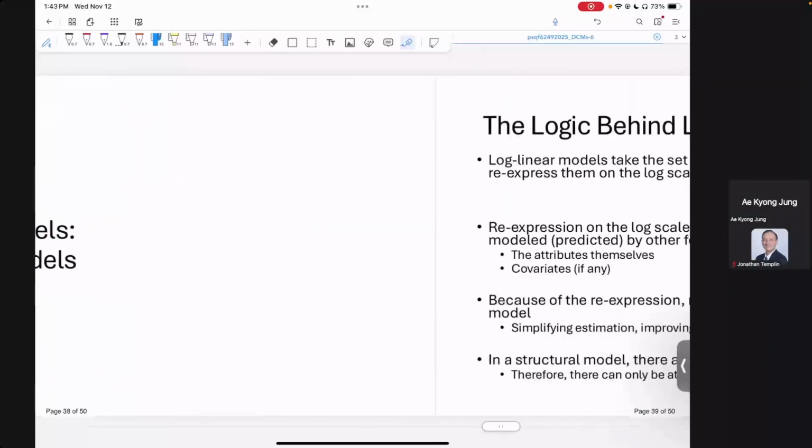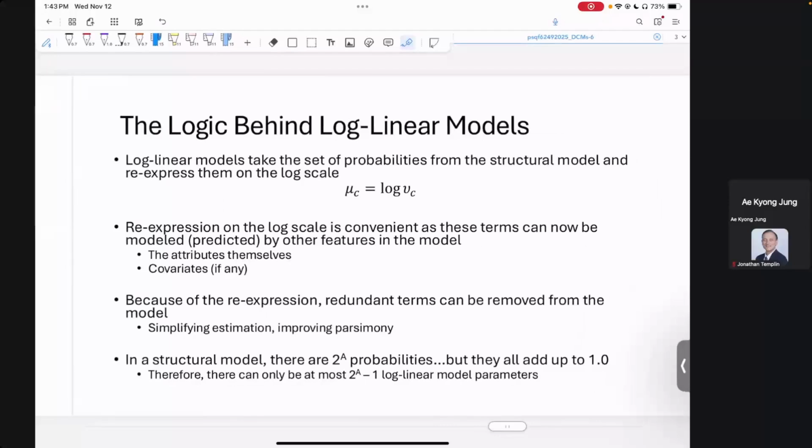Let's see the log linear model. We're modeling the epsilon C after taking the log. So we're modeling with this mu C instead of epsilon C. This re-expression on the log scale is convenient as these terms can now be modeled by other features in the model. So we model this mu C with attribute relationships.